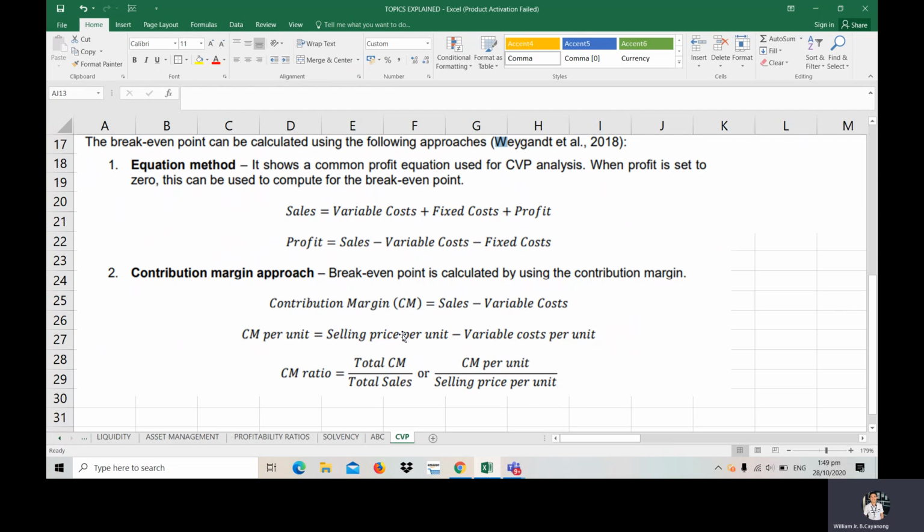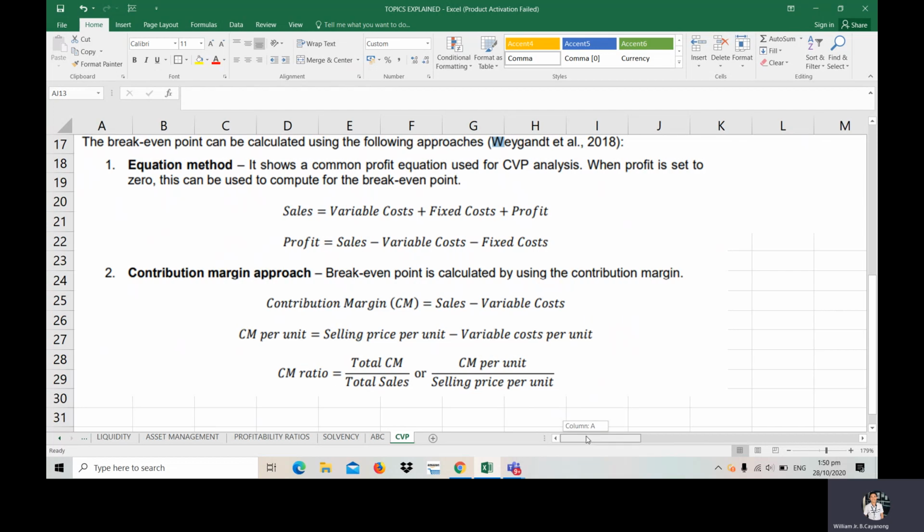You deduct the variable cost from the selling price to get your contribution margin per unit. How about the contribution margin ratio? For that, you need your total contribution margin divided by your sales, or the contribution margin per unit divided by the selling price per unit.